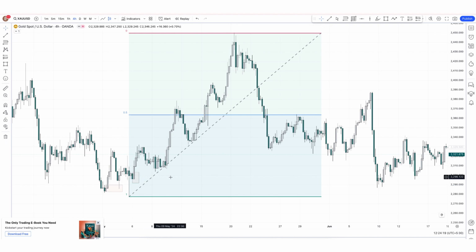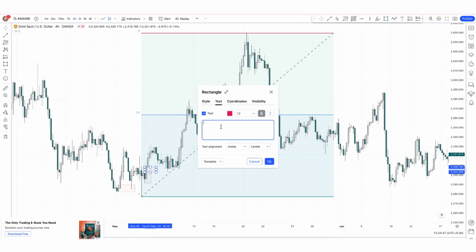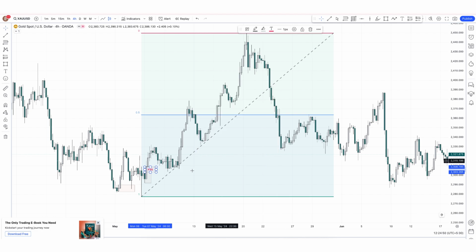So what parameters does it have, and how do we define the order block? First of all, we check whether it has an FVG, a fair value gap. You see at the top of this we have this fair value gap. Let me mark it FVG.